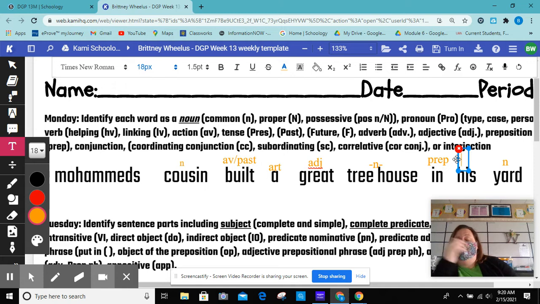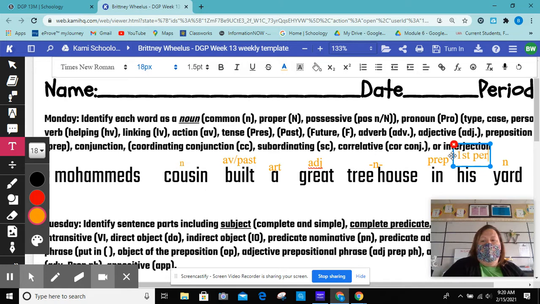Second person pronouns are always going to be you, your, and yours. Third is they and them. All right, so a first person possessive pronoun.